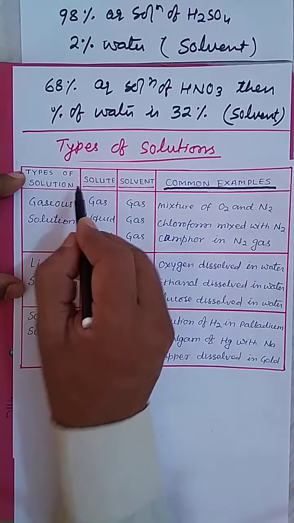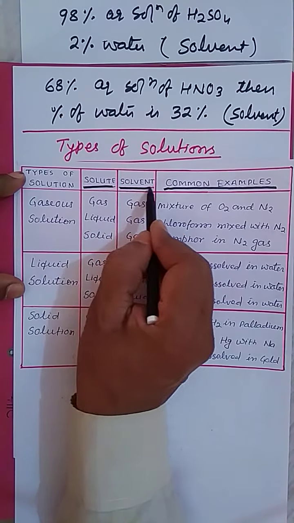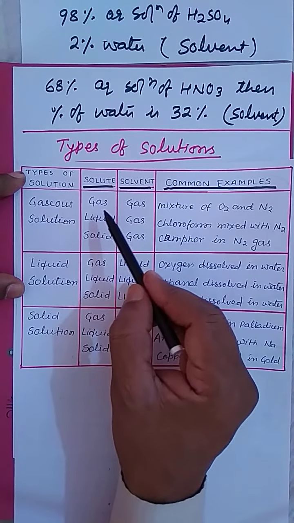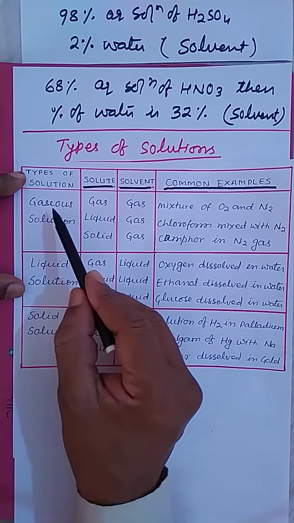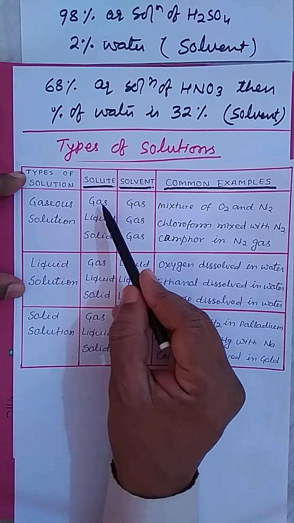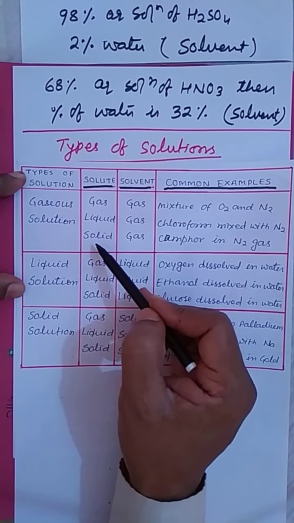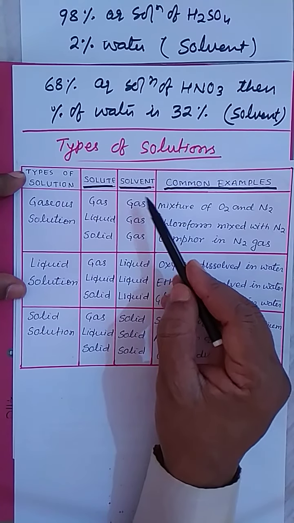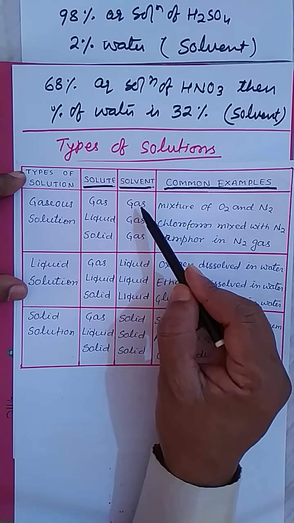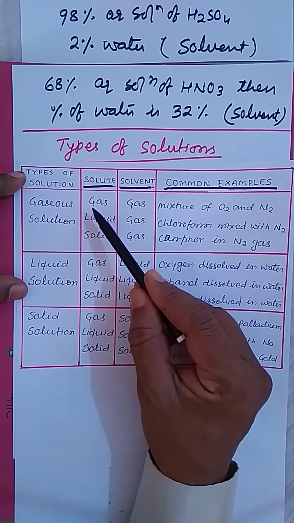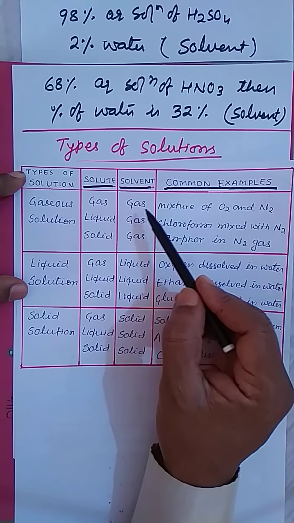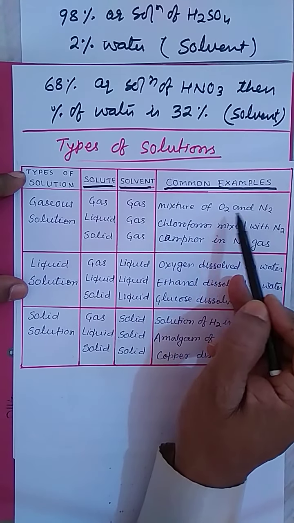It is also given in your textbook, right? So first one is gaseous solution. Solute may be gas, liquid or solid, but solvent must be gas. For gas in gas, you can put the example of mixture of O2 and N2.